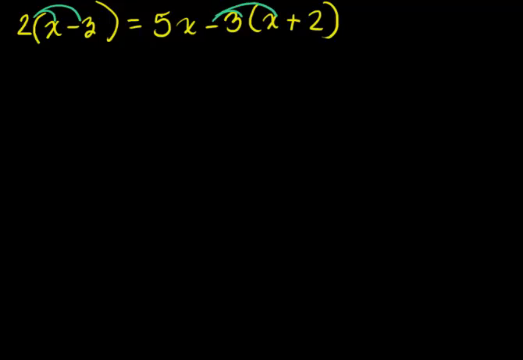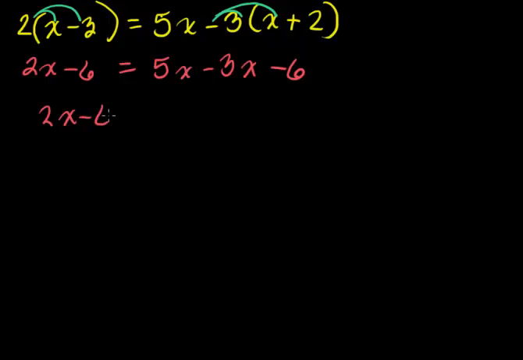All right, so this one, we're going to start off with the distributive property. Okay, so when we do that, we're going to get 2x minus 6, and we get 5x, and then minus 3x minus 6. All right, so we can bring this down, 2x minus 6.